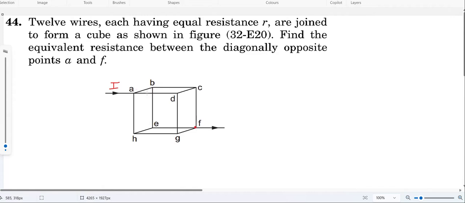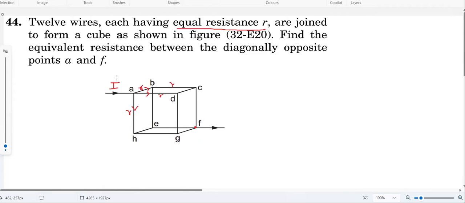So at first, in the first step, current travels through these three branches, right? AB, AD, AH, and it was clearly given each having equal resistance R. So each side has same resistance R. The question is asking to find the equivalent resistance between the diagonally opposite points A and F, as shown in the figure.